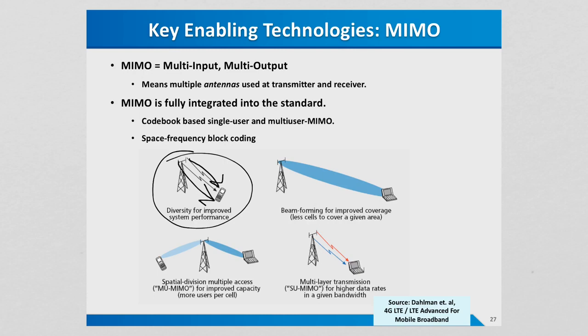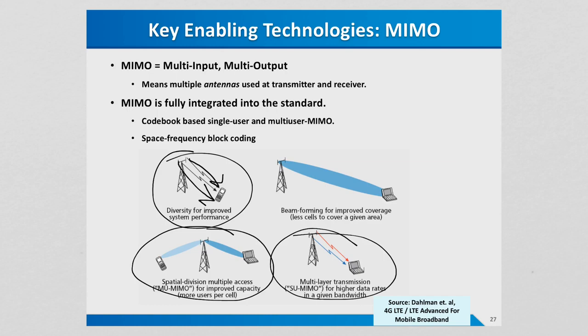So the other key mode is spatial multiplexing. And there's actually two different flavors of spatial multiplexing. And the key idea here with spatial multiplexing is, instead of sending the same information over both antennas in order to get diversity, you actually send different information. You can send two layers of information. Okay, so now there's two layers. They could be as simple as sending one signal from one antenna and another signal from the other antenna.